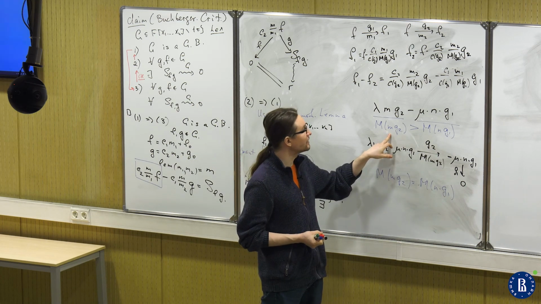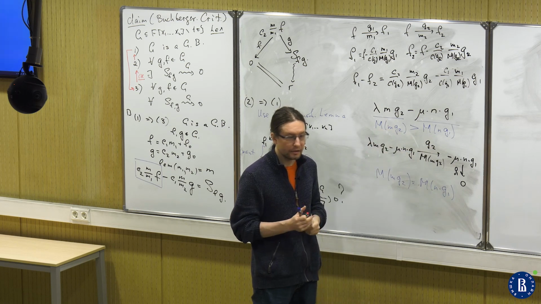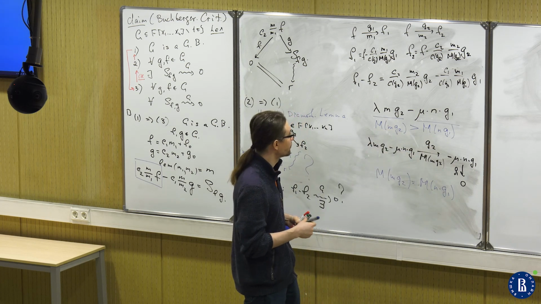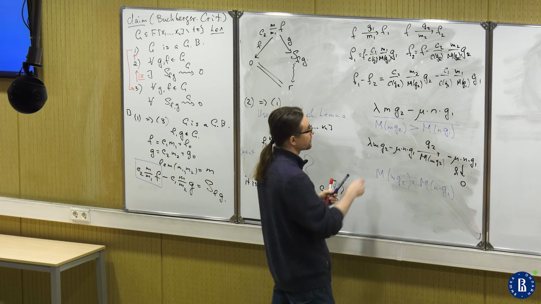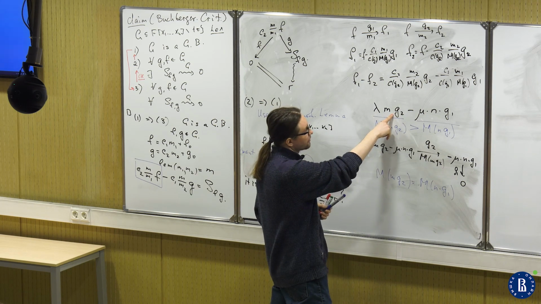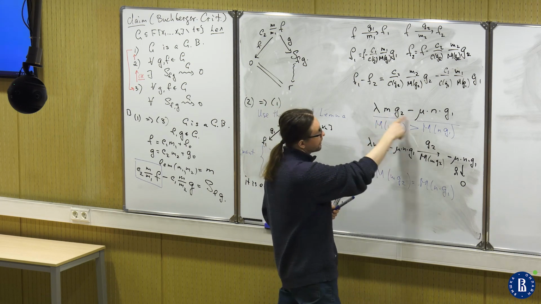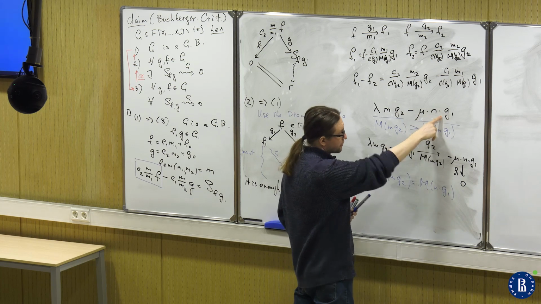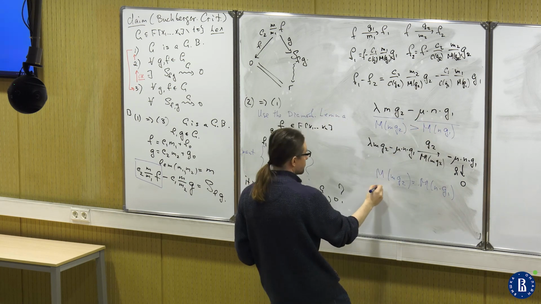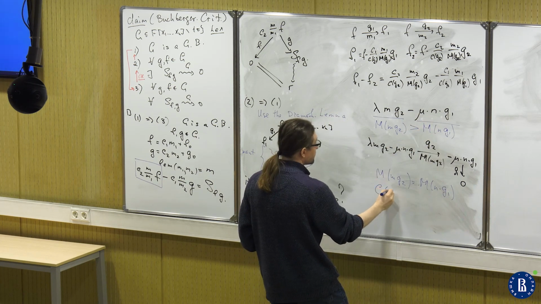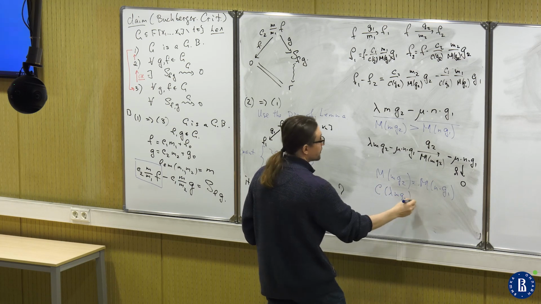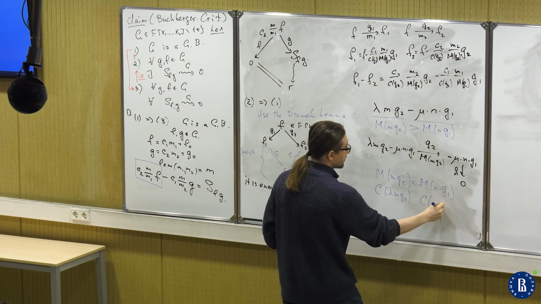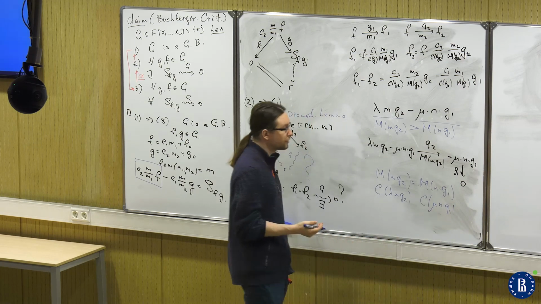we should take a look at the leading coefficients of these guys. And so what are the leading coefficients here? Well, lambda times the leading coefficient of G2 and mu times the leading coefficient of G1. So let's take a look at the leading coefficient of lambda m G2 and the leading coefficient of mu n G1. And there are 2 cases.